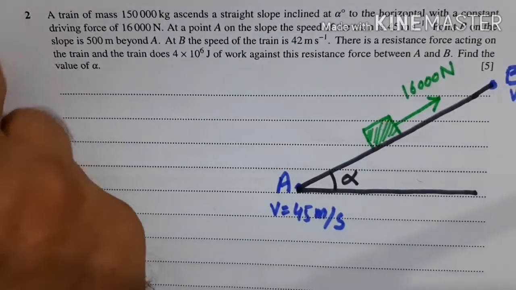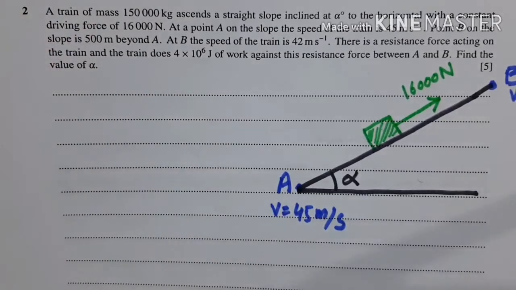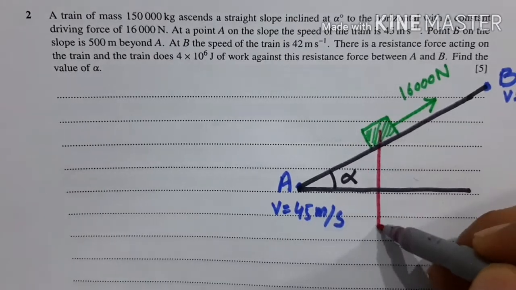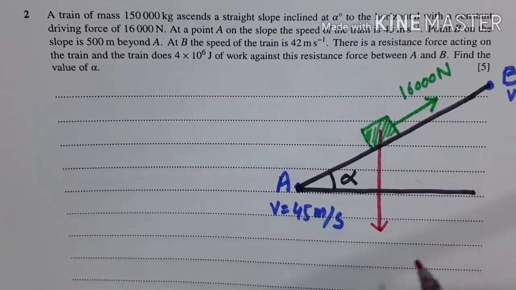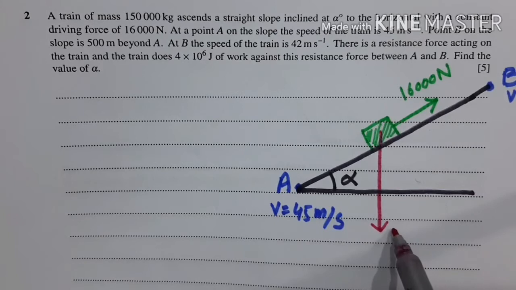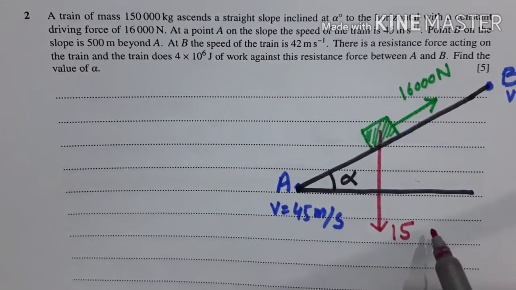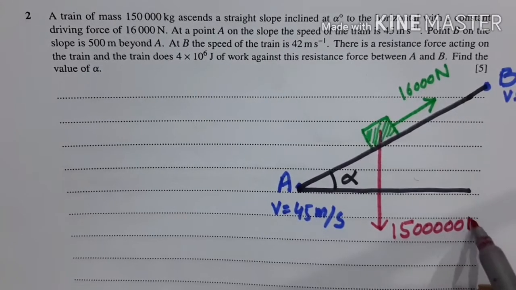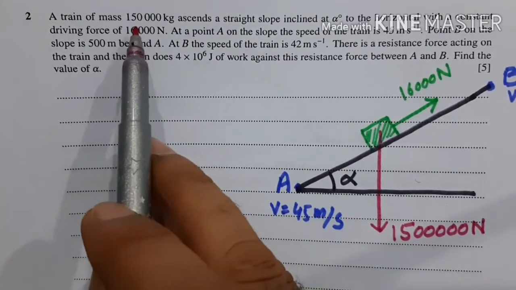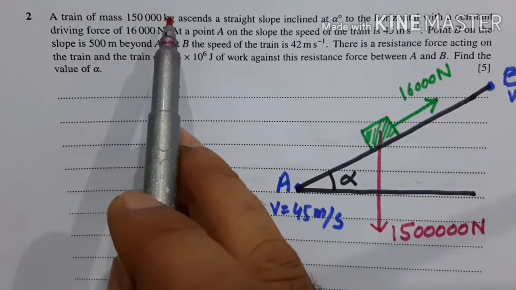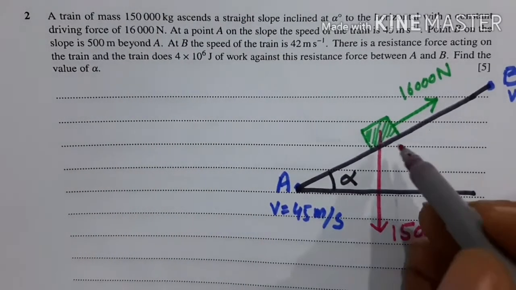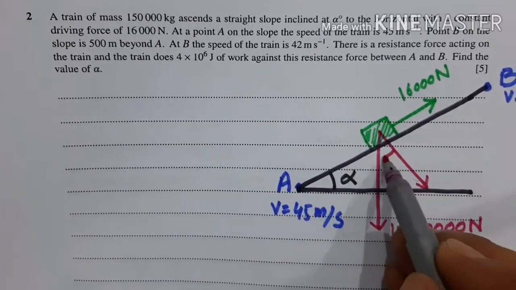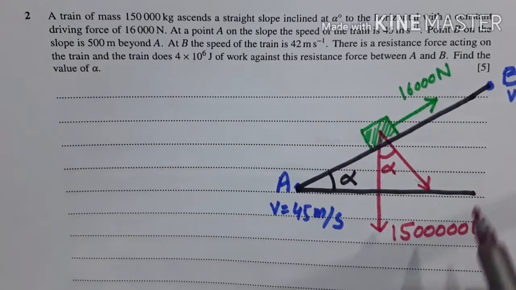And the weight of the train is acting directly downwards, which is actually 1,500,000 newtons, because the mass is 150,000, so mass multiplied by 10 will be the weight. This is the horizontal component of the weight, so this will also be alpha.